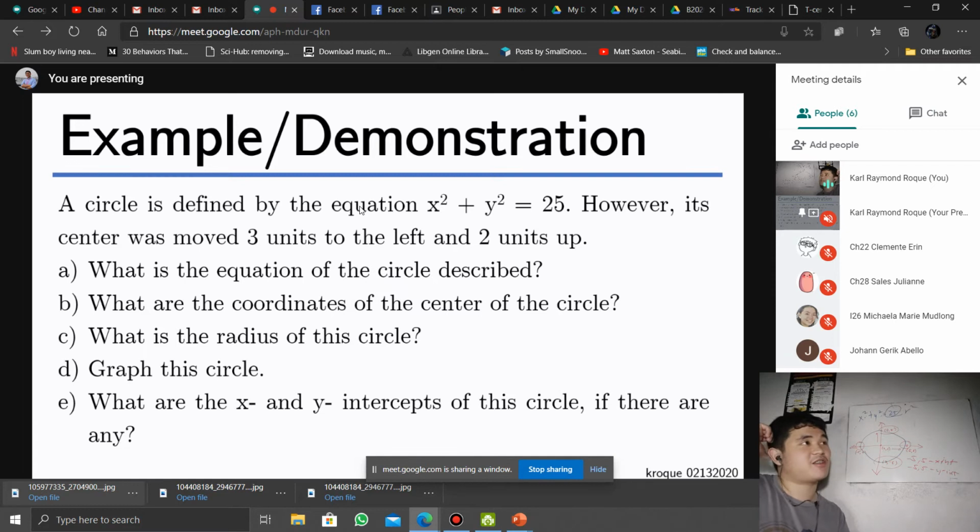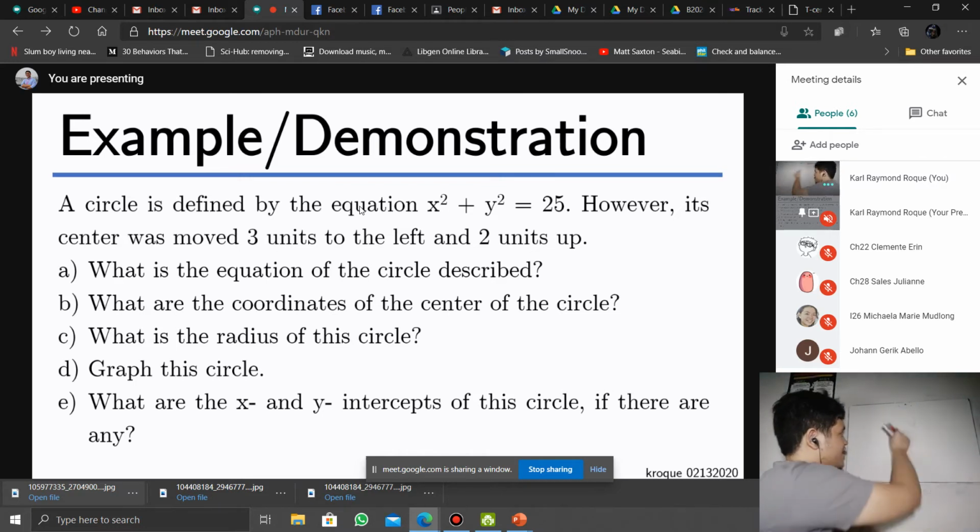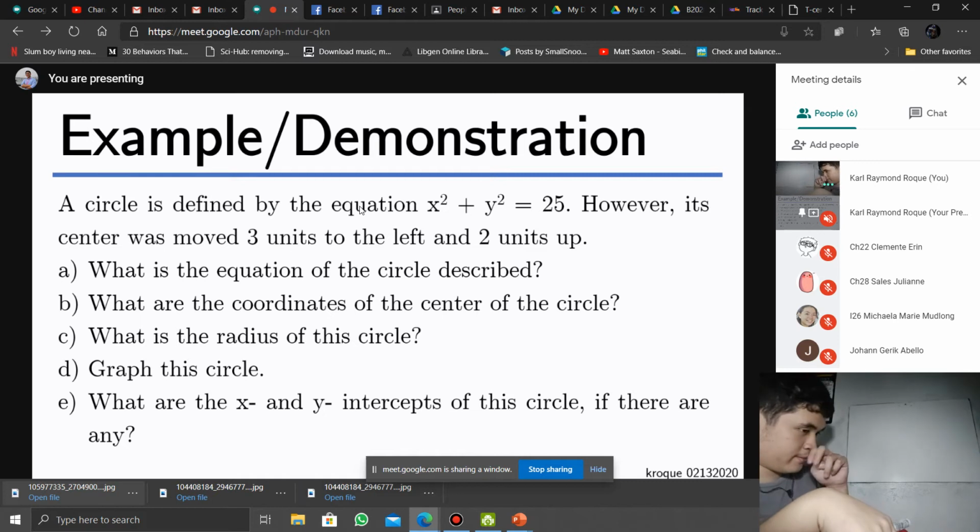Translation: have you discussed translating functions? Seems not yet. Sayang. What time is it? 10:48. Okay, I have more than 1 hour. Sige, kaya to. That concept is important.